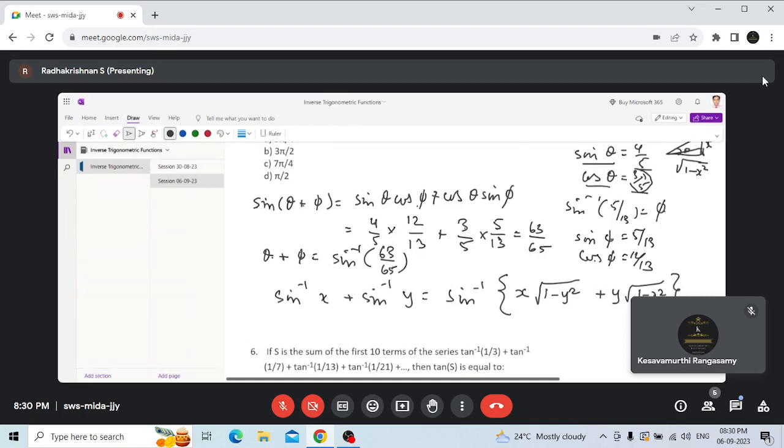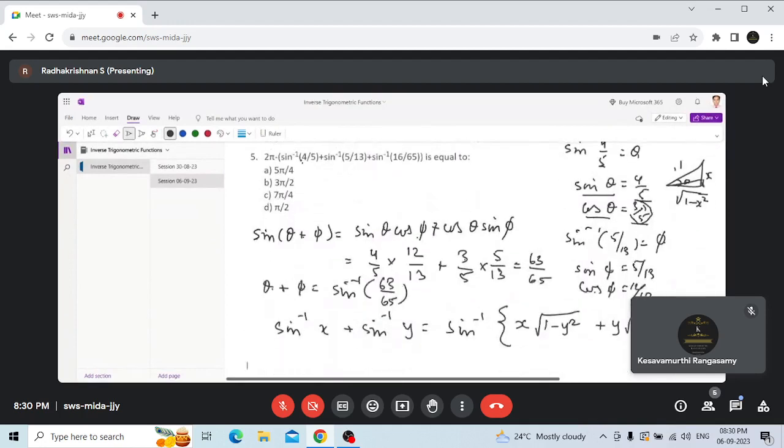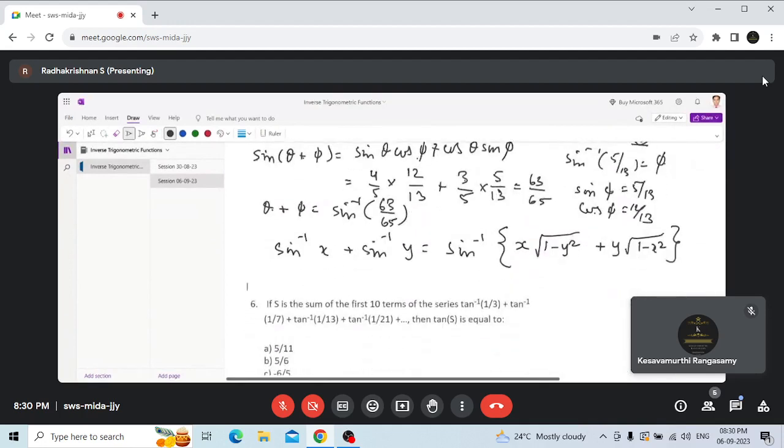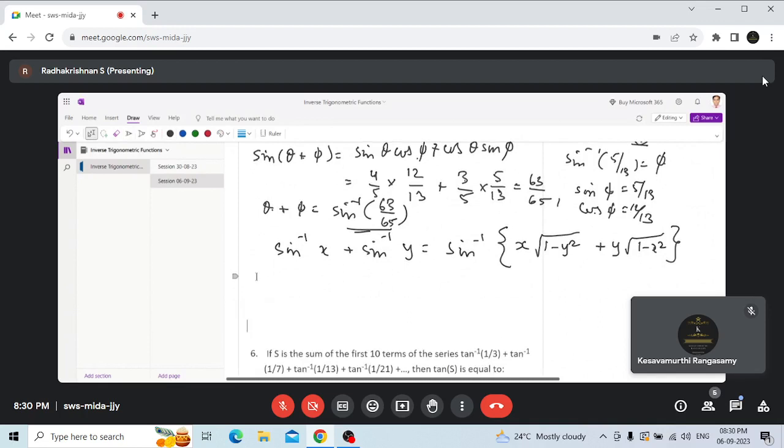So the same thing we have done. If you substitute x equal to 4 by 5 and y equal to 5 by 13, you will get the same result. So it will come to 63 by 65. So the first expression we got is sine inverse of 63 by 65.